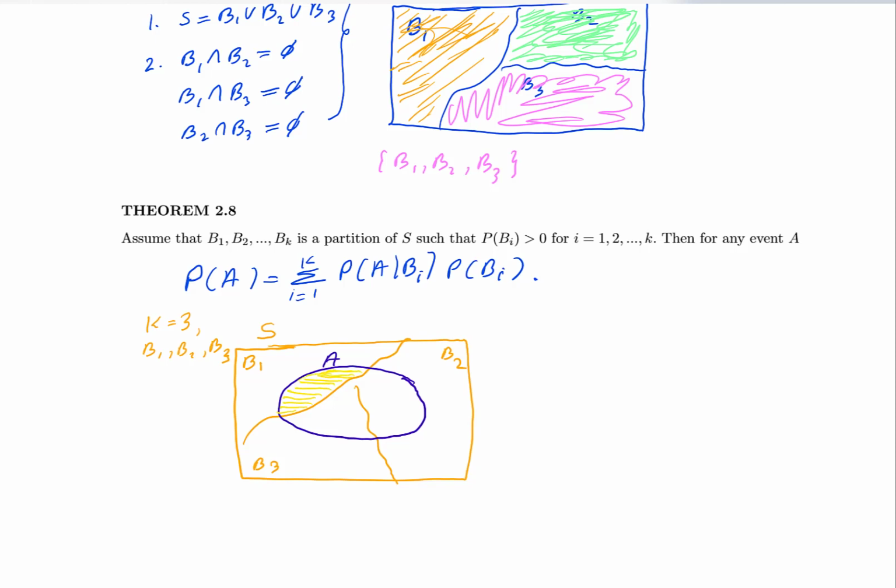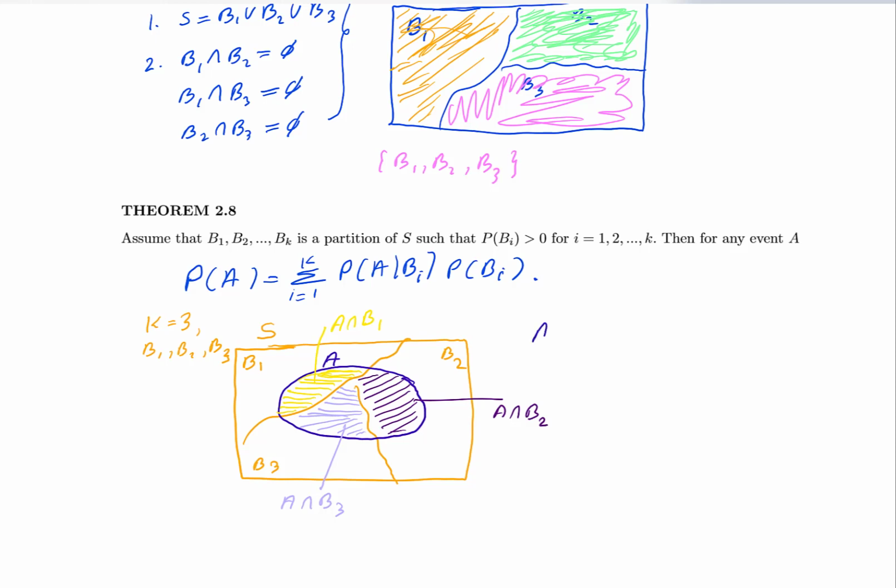We can write A intersection B1. Clearly, this one is the intersection with B2, so I write down this part, A intersection B2. The last set, this area, is the common area with B3. So that area is A intersection B3.